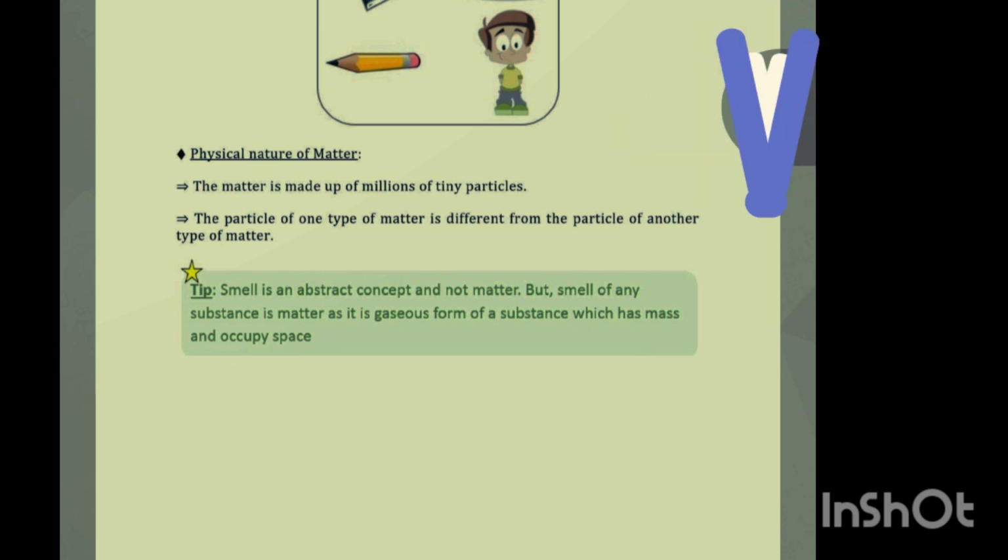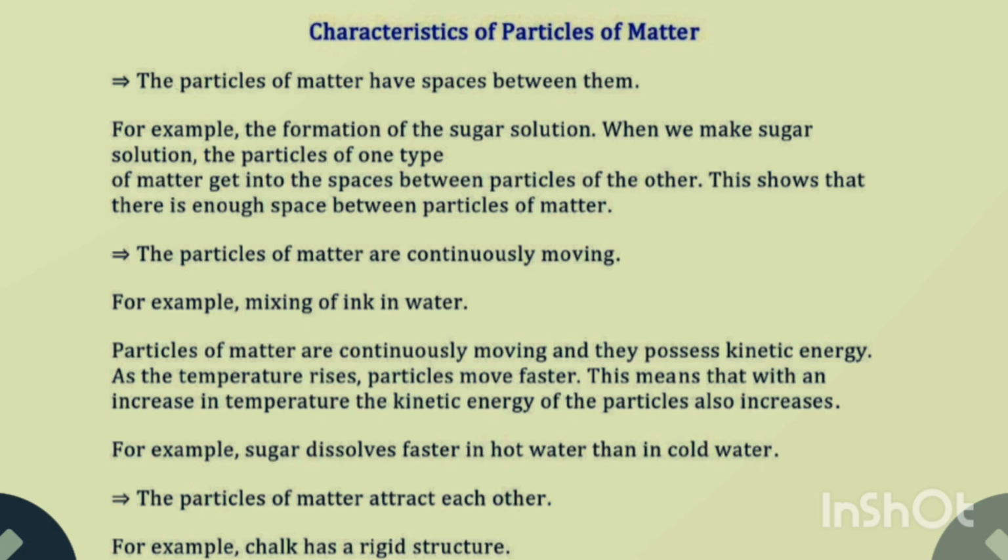Abstract is something which we cannot see, we can just imagine. Okay, we can smell it, that's it, but we cannot see it as concrete. It's not concrete, it's only abstract. But all concrete objects come under matter, which is something that occupies space and has weight, whereas smell is nothing like that. It is not occupying space, and it is not having weight also.